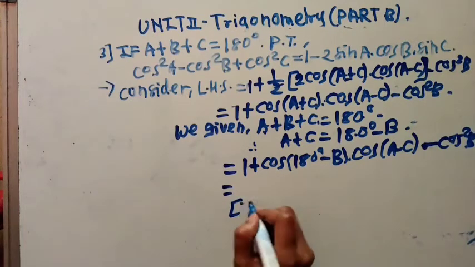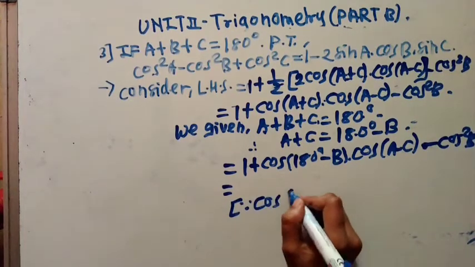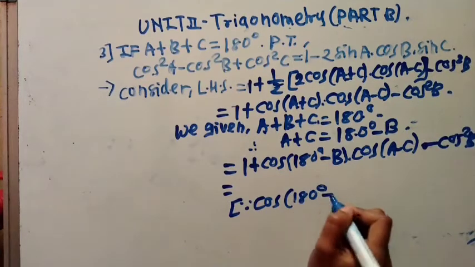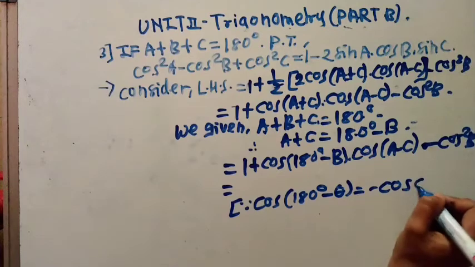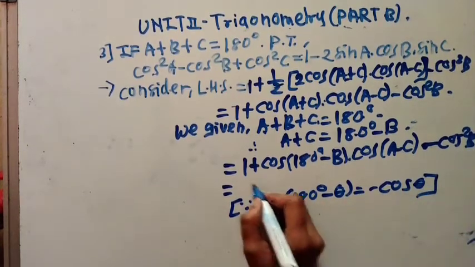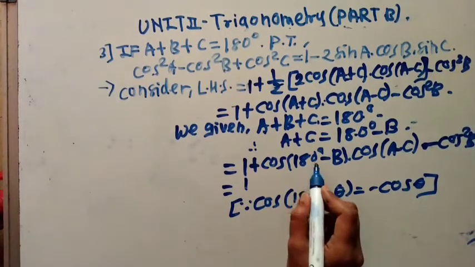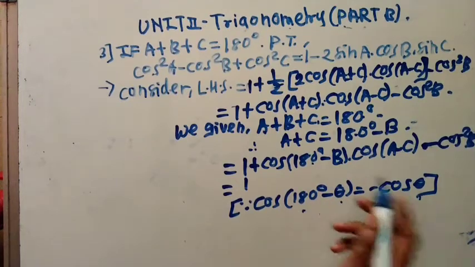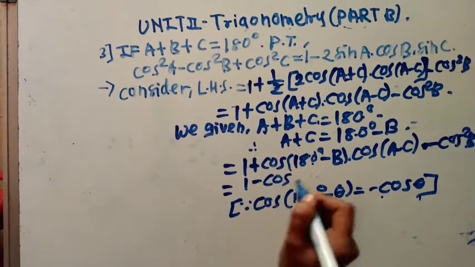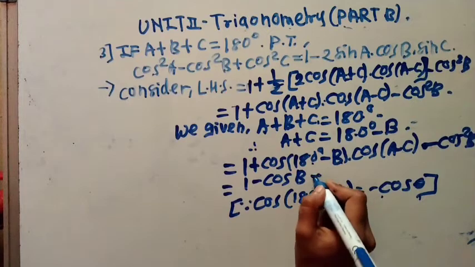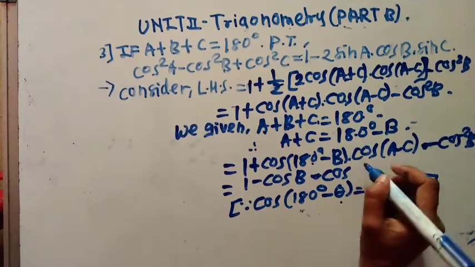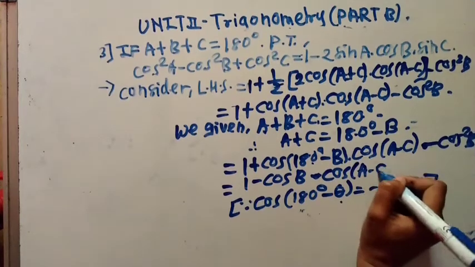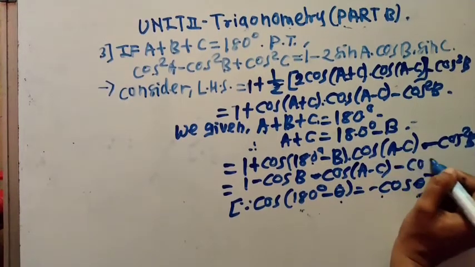We know that cos(180° − θ) is equal to −cos θ. Hence cos(180° − θ) is −cos θ, so we get −cos b into cos(a − c) − cos² b.